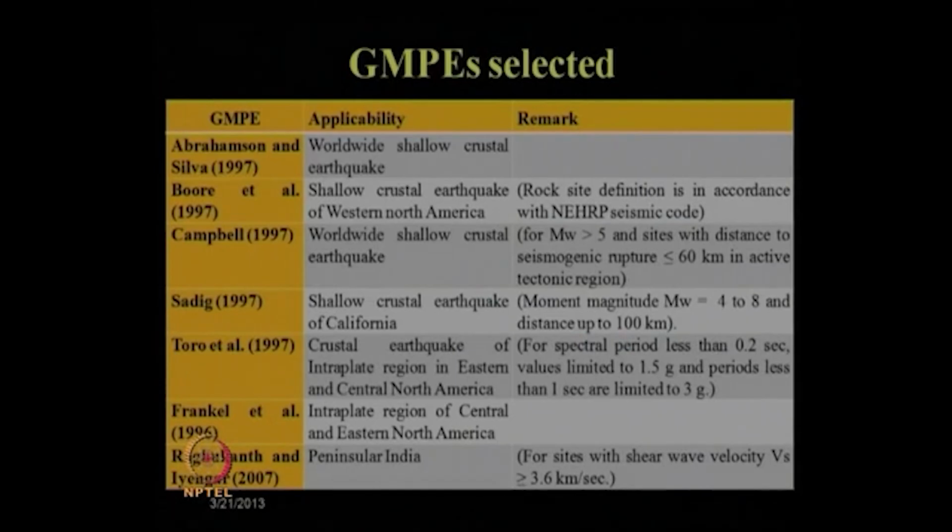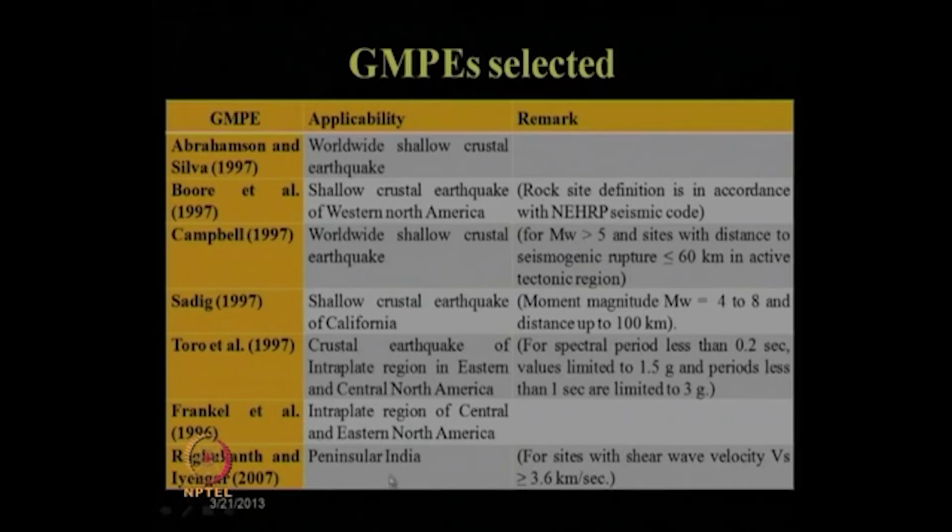Then we have also seen in our previous lecture the various GMPEs, or ground motion prediction equations, we considered. 7 ground motion prediction equations we considered in our analysis, 6 from abroad and 1 from India, which is for peninsular India, because the Gujarat region is within peninsular India.